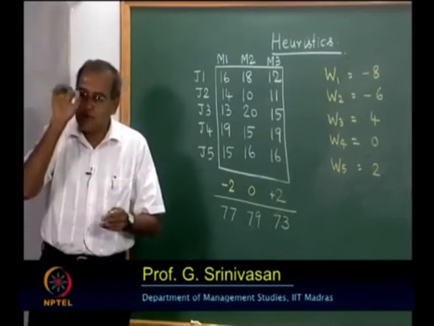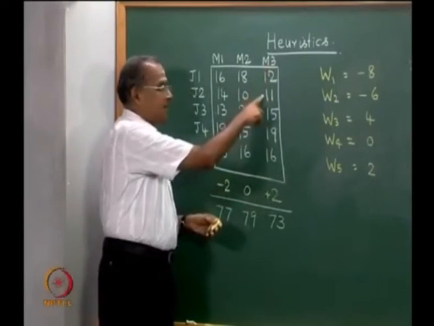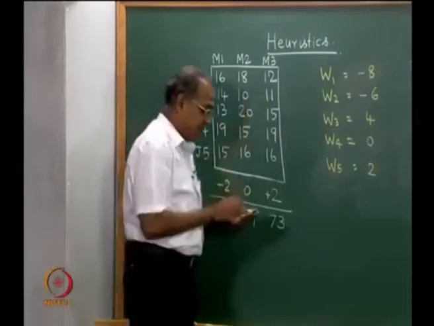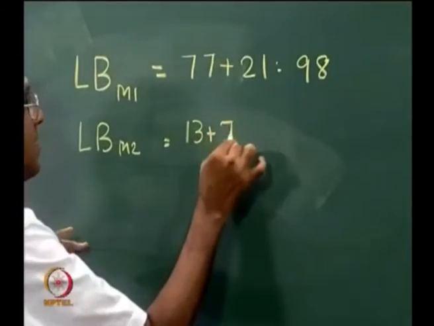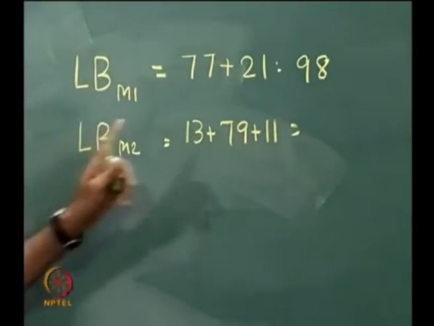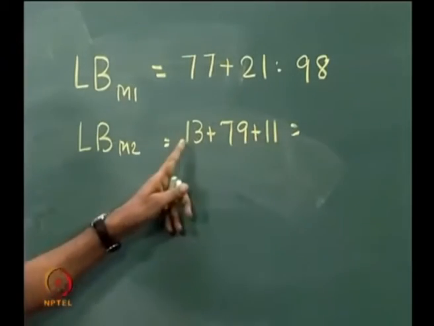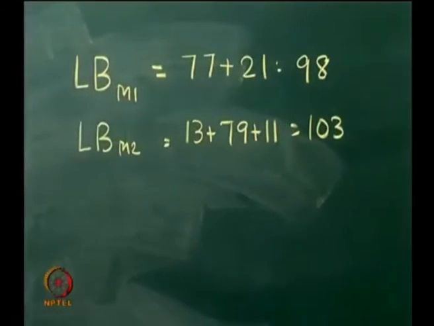So, it requires at least an addition, which is the minimum of these, which happens to be 11. So, the lower bound will be 13 plus 79 plus 11. 79 plus 11 is 90, 90 plus 13 is 103. 103 is a lower bound based on M2.